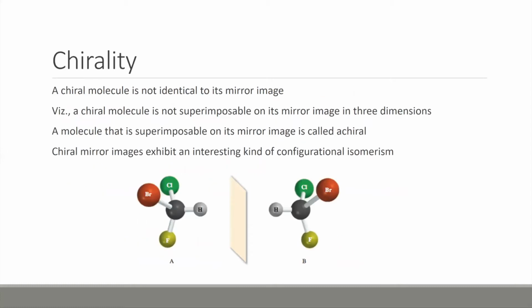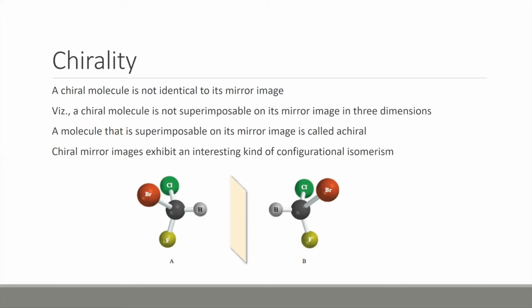So what is chirality? A chiral molecule, a molecule that has chirality, is not identical to its mirror image. So you can see in this example here, when you make a mirror image of a chiral molecule, it is not superimposable on its mirror image in 3 dimensions.